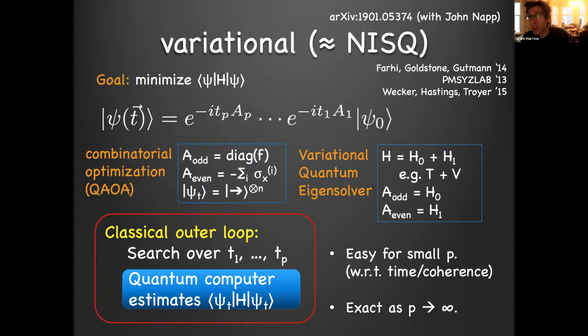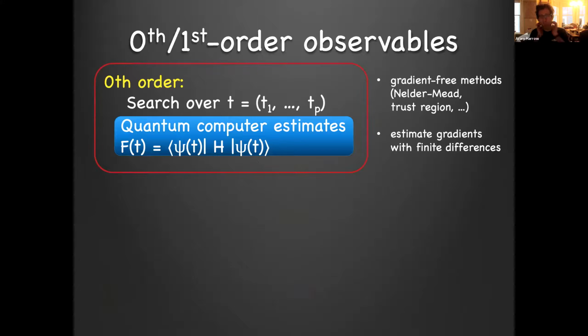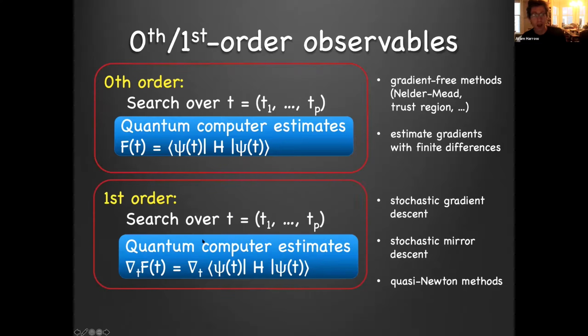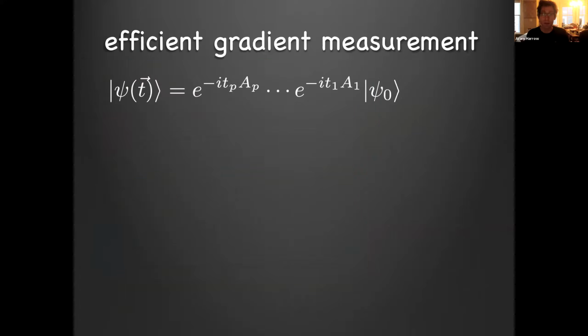But at this point, it's so general that maybe you don't have enough guidance to solve it. So one question is, should you be using a 0th order method where the quantum computer's job is to estimate the energy, or a 1st order method where the quantum computer's job is to estimate the gradient, or maybe a 2nd order method where we are evaluating things about the matrix of second derivatives?